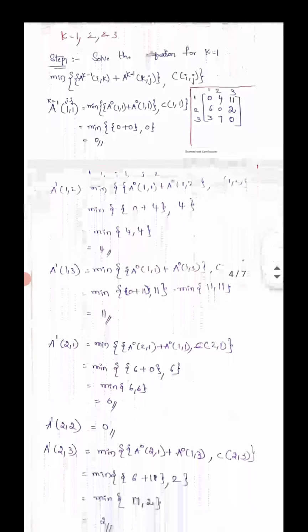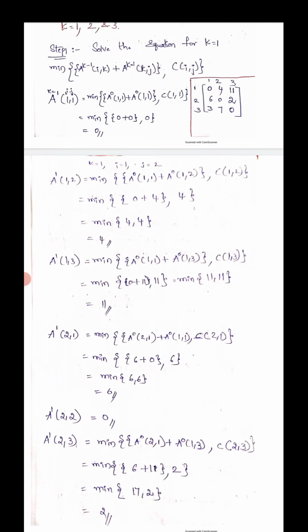Likewise, we have to calculate A power 1 of 1 comma 3. Look at this. That will be assigned to minimum of A power 0, in the sense k minus 1. K how much here? 1. 1 minus 1 is 0. A power 0 of I comma k. I value how much? 1 comma k value how much? 1, plus A power k minus 1 of k comma j. K value how much? 1 comma j value here how much? 3. Look at this, A power 1 of 1 comma 3, I comma j is 3.